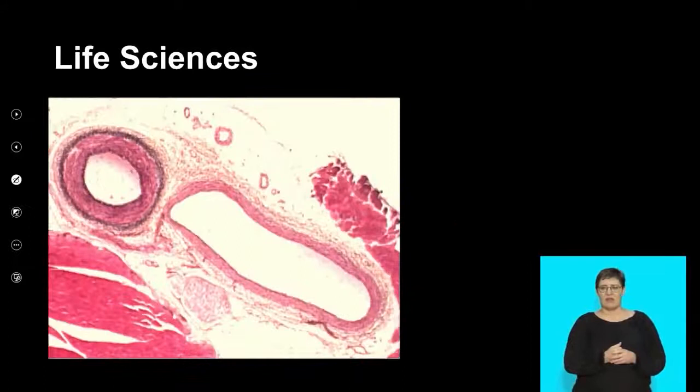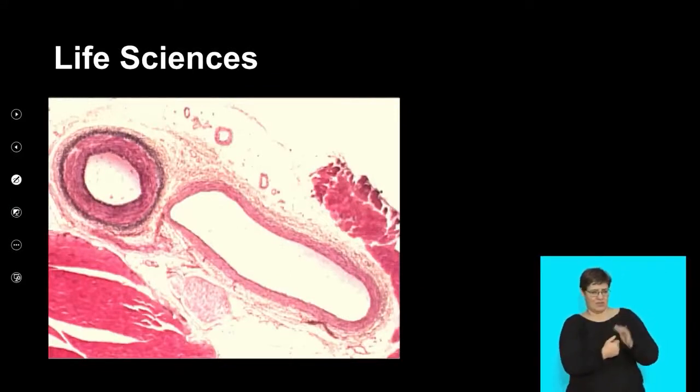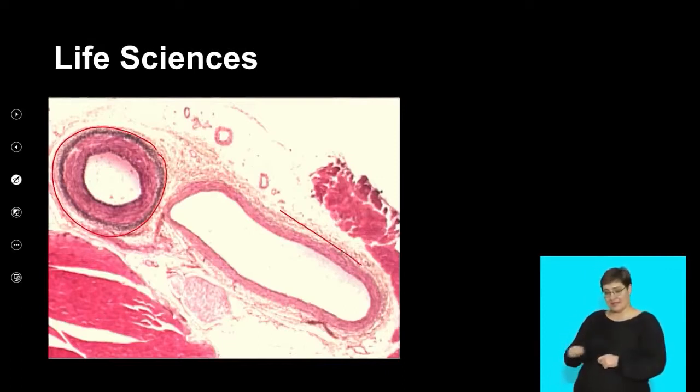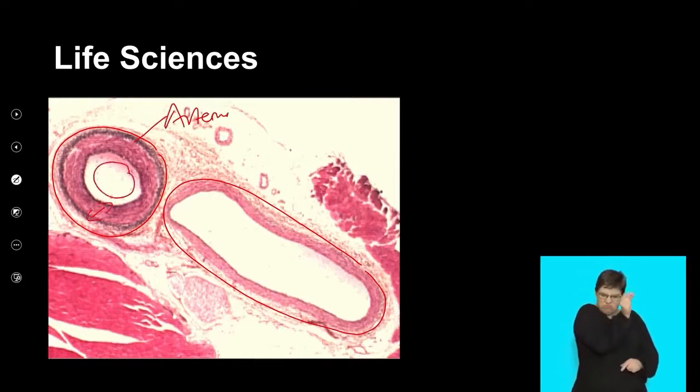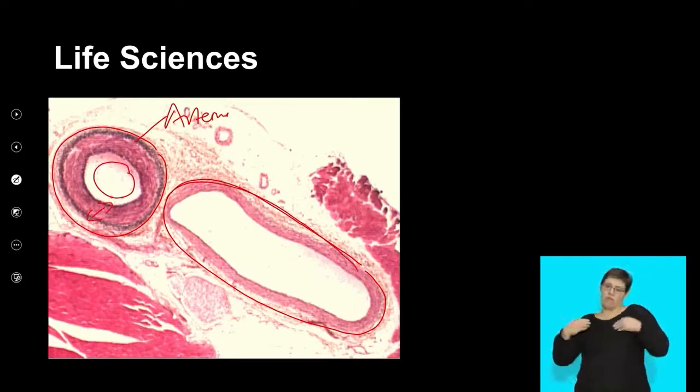So guys, have a look at this picture over here. I want you to have a look at this diagram and this diagram. This is an artery. This is an artery. Why? Beautiful, thick muscle and a very narrow lumen. Over here, look at the vein, all floppy, wider, under less pressure.